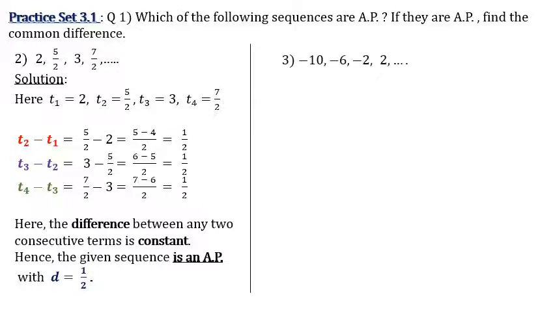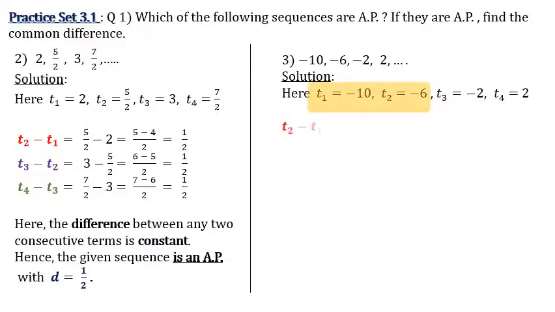Next question. We again name the terms as T1, T2, T3 and so on. We find the difference between the consecutive terms T2 and T1. We take the next two terms and find the difference.